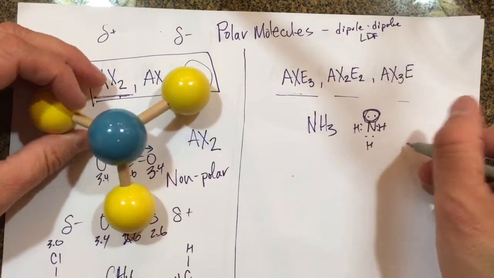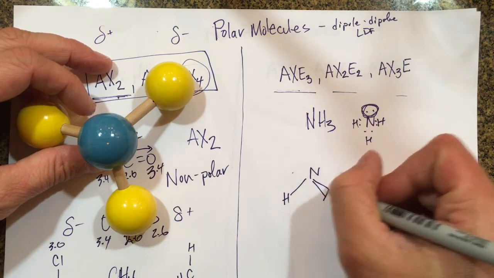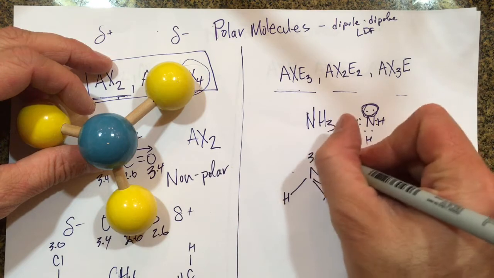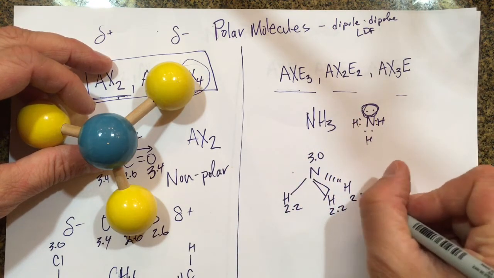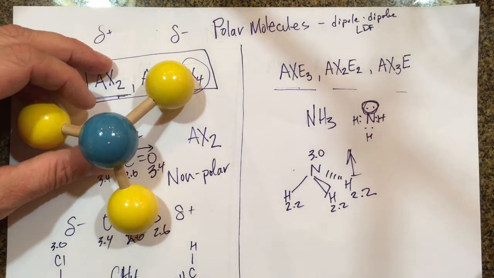The hydrogen sides to this are going to be less electronegative than the nitrogen. So this will be polar because this is 3.0 and these are 2.2. So the electrons are being pulled towards the nitrogen.